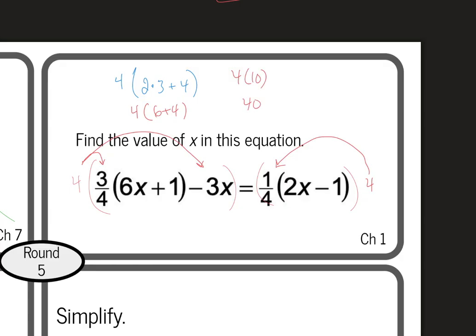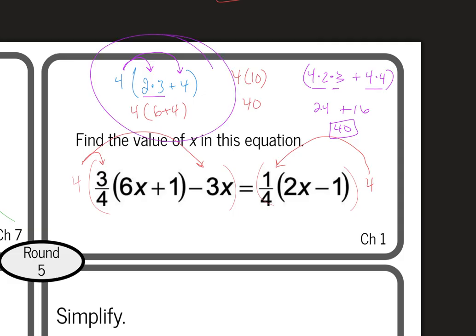Or you could do this: 4 times 2 times 3, and 4 times 4. So this is 8 times 3 is 24, and 4 times 4 is 16. What's 24 plus 16? It's 40. So this is what's happening right here, okay?